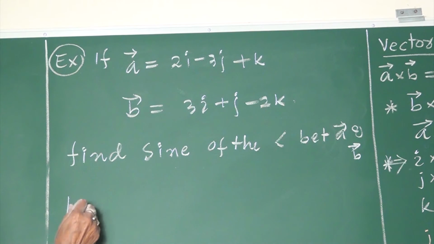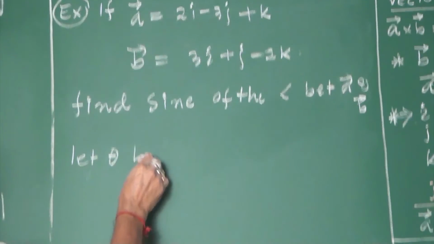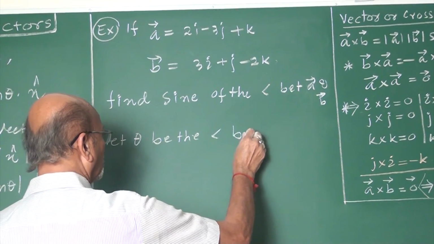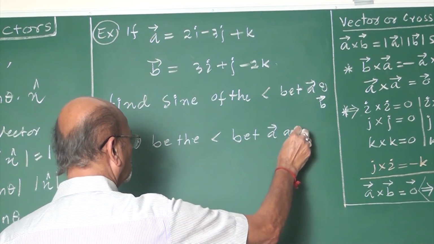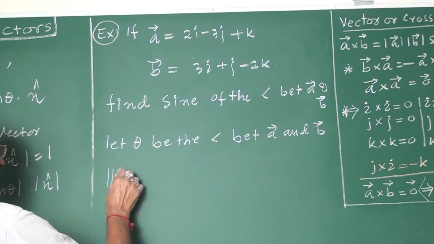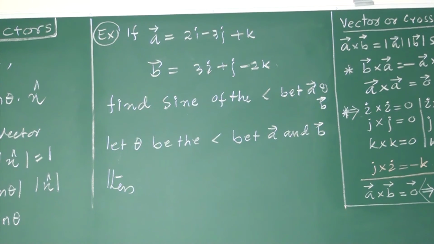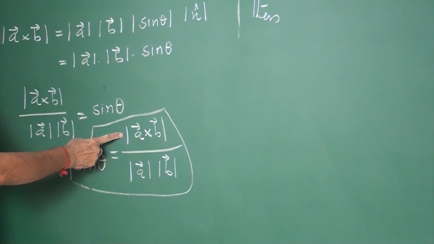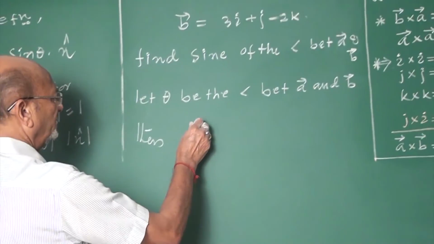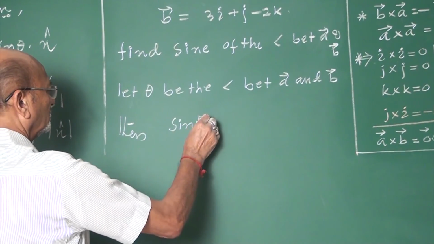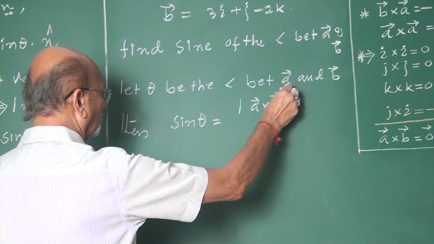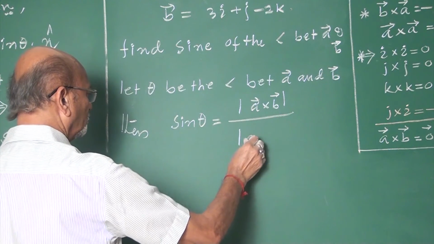Let theta be the angle between the vectors A and B. Then you know the expression: sine theta is magnitude of A cross B upon magnitude of A into magnitude of B. Then sine theta equals magnitude of A cross B divided by magnitude of A into magnitude of B.